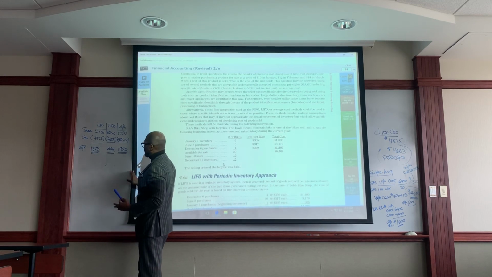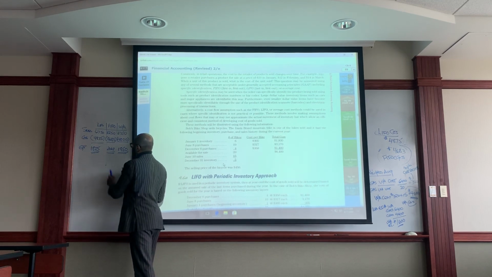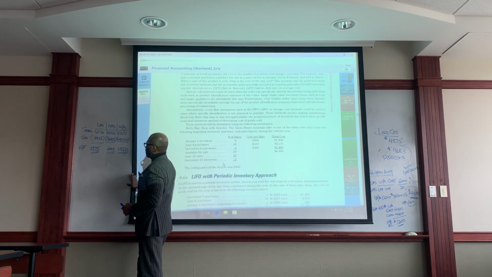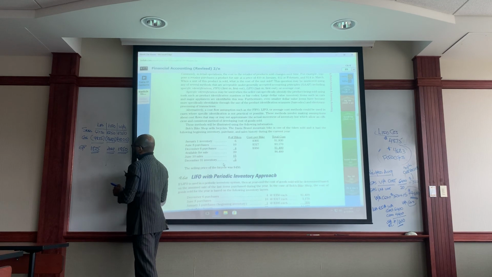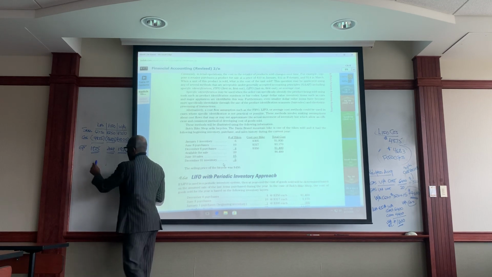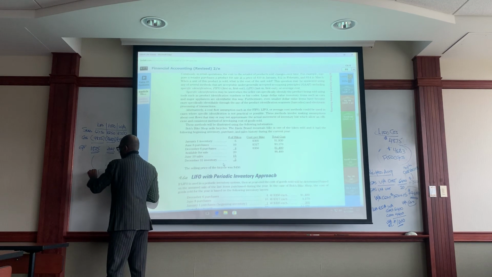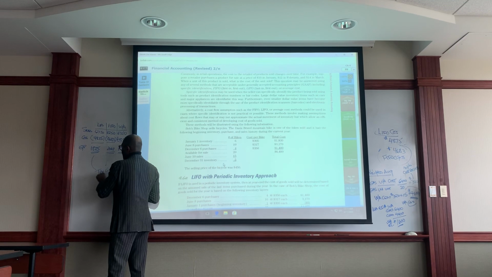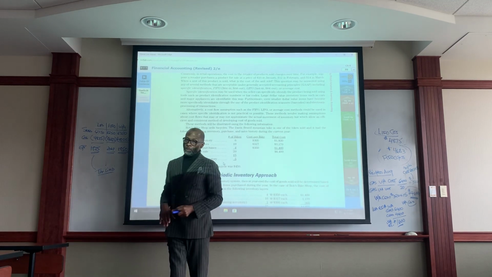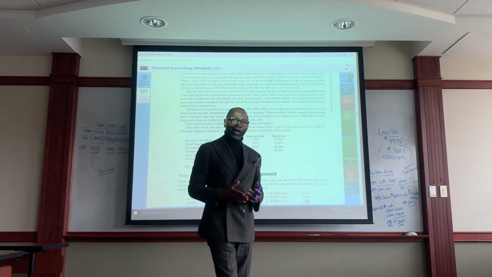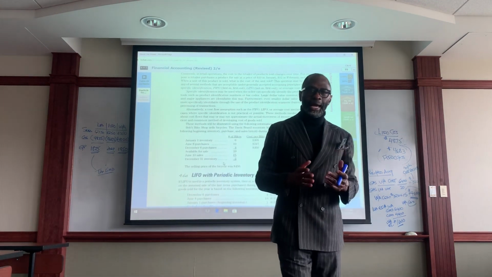So when prices are rising, FIFO will give us a higher gross profit because the cost of goods sold would be lower, and LIFO gives us a lower gross profit and thus a lower tax liability. Remember, your tax liability is based on your profit. So when prices are rising, LIFO will give you a lower tax liability.